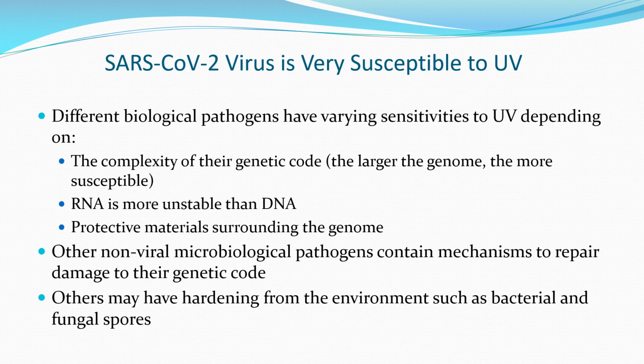And so that's why they generally require more UV energy to inactivate them or kill them. And special cells, bacteria and fungi, can form spores. They've been especially hardened towards the environment, and that makes them even harder to inactivate, so they require an even larger dose.